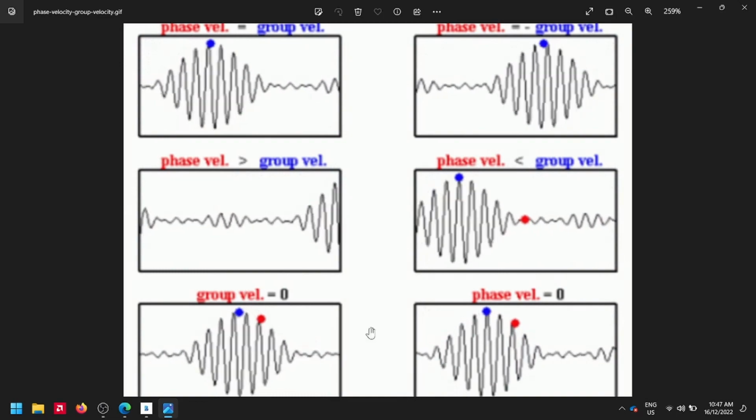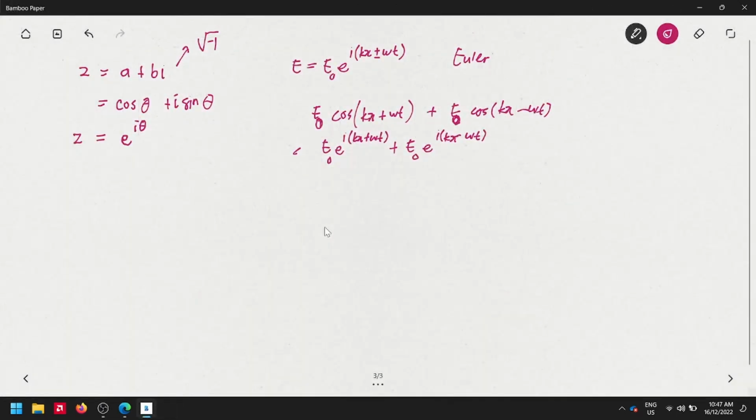So your phase velocity is basically Vp equals f lambda. F lambda is your phase velocity, not the group velocity. If you want to derive the group velocity, then you need to have a more complicated equation.